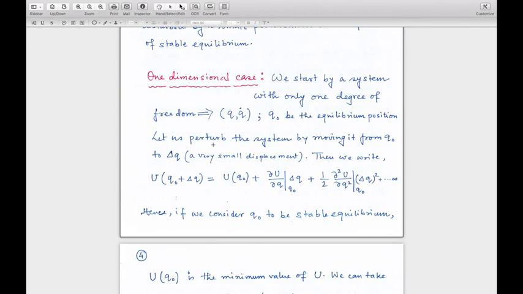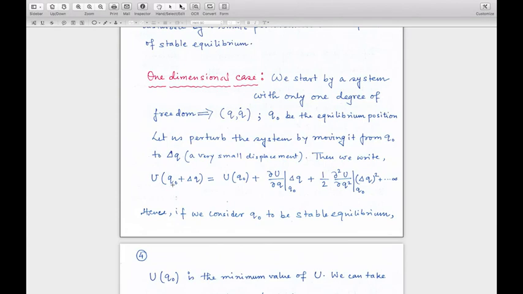So let us now perturb the system by moving it slightly from q0 to q0 plus delta q. So that will be just by moving it from q0 by a distance delta q. Okay.